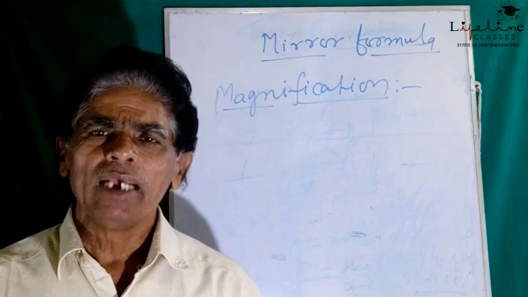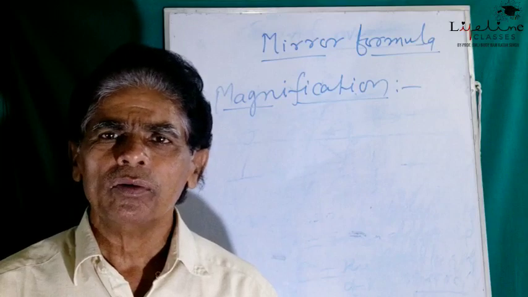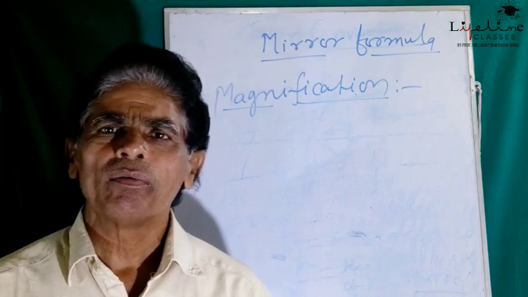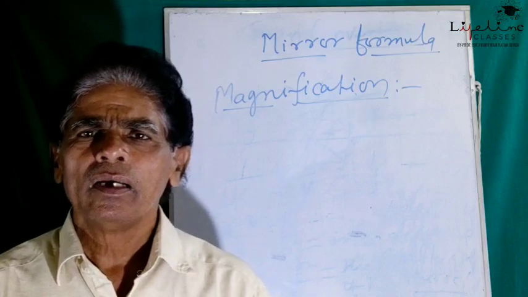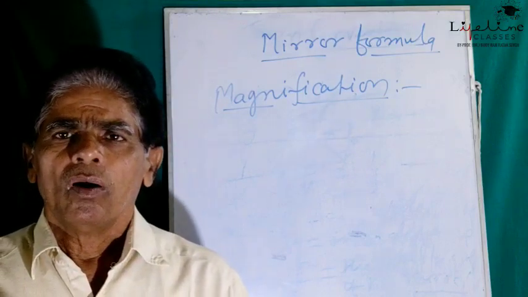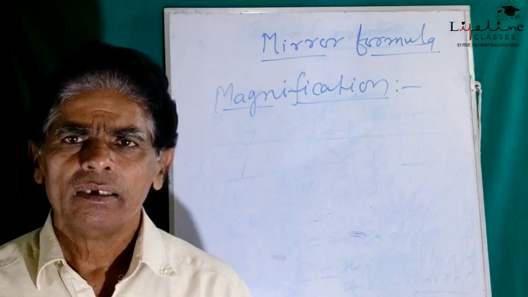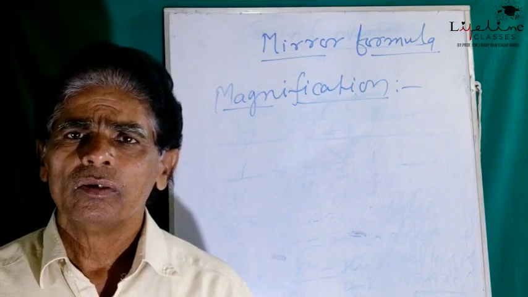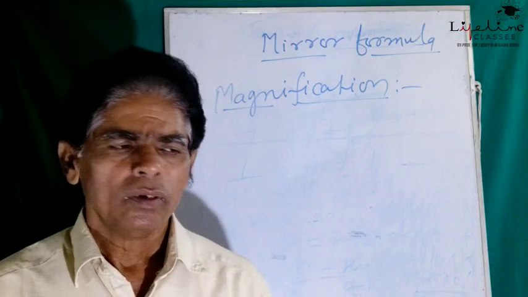Means the size of the image by size of the object will give you the magnification of the mirror. Means magnification is the ability of the mirror to magnify the image as compared to the object.